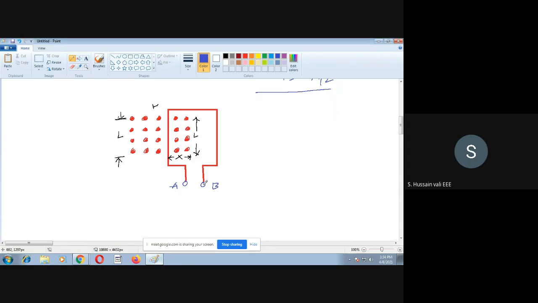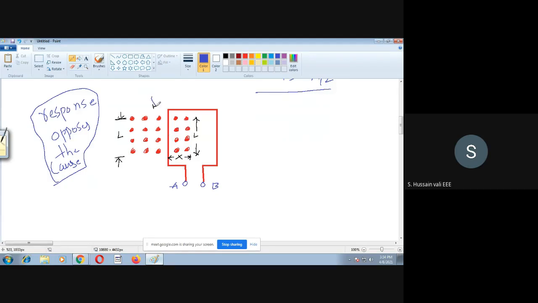What Lenz law states is that the response opposes the cause. So what is the cause here? The magnetic field B, which is in this direction, coming towards you.